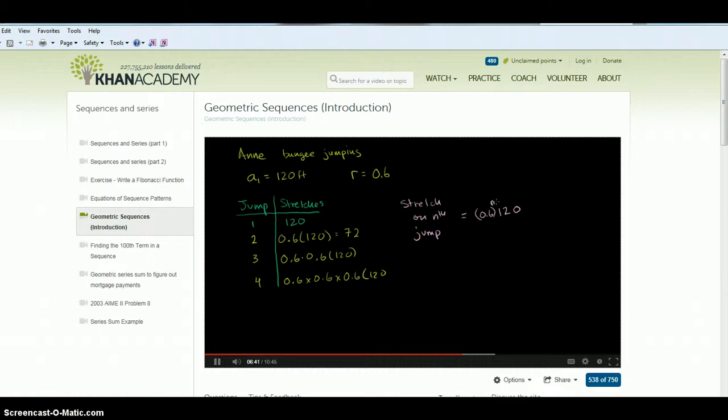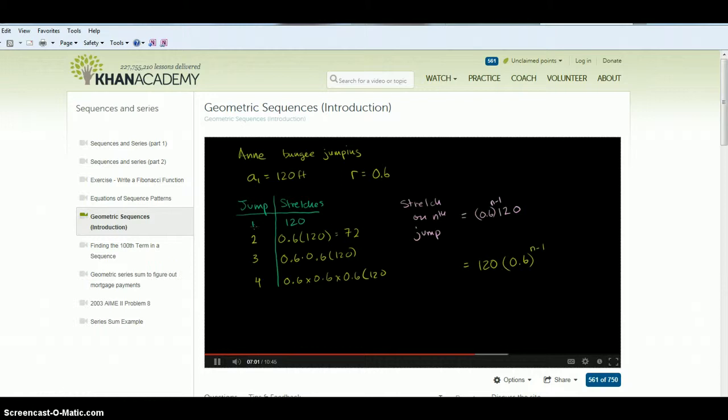To the n minus 1. Now how did I get this? Let me write this down. This is equal to 120 times 0.6 to the n minus 1.